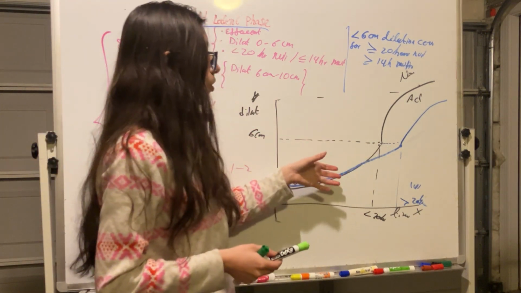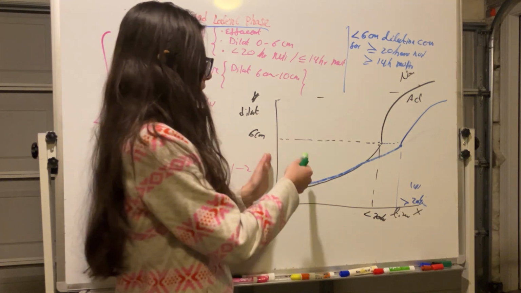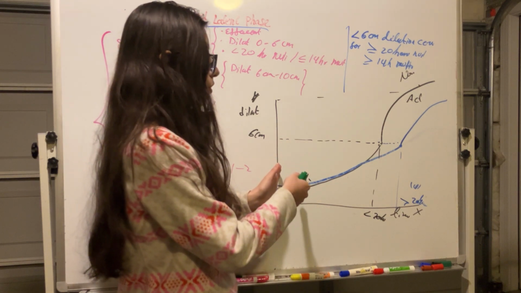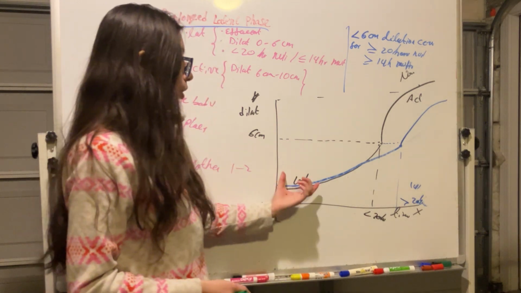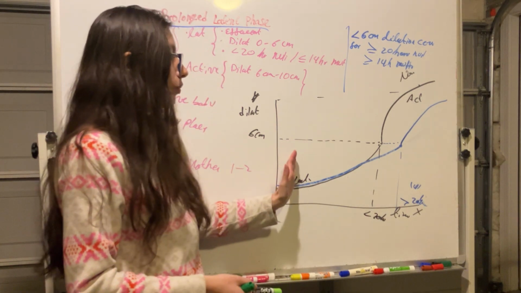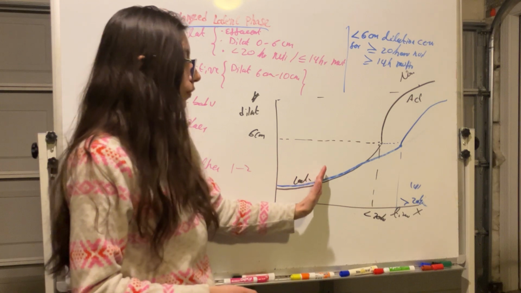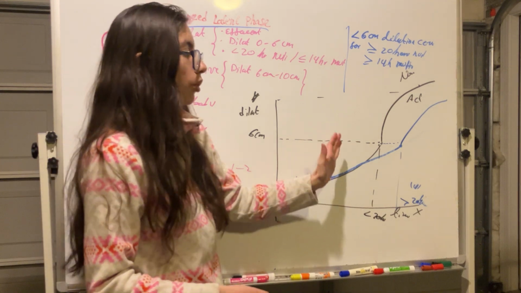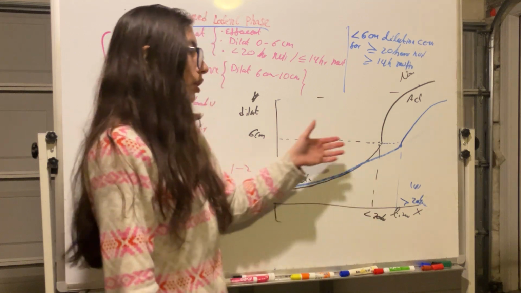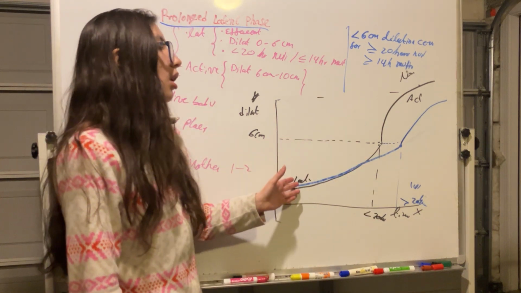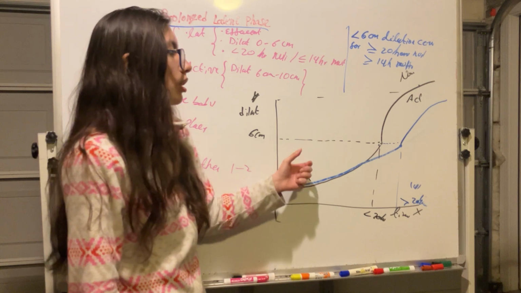This prolongation can be at any number of dilation of the cervix. This means that we can be dilating from 4 to 5, and we continue dilating, but it's taking longer, but we are continuing having a dilation. Or we can be dilating from 3 to 4, and it's taking longer.